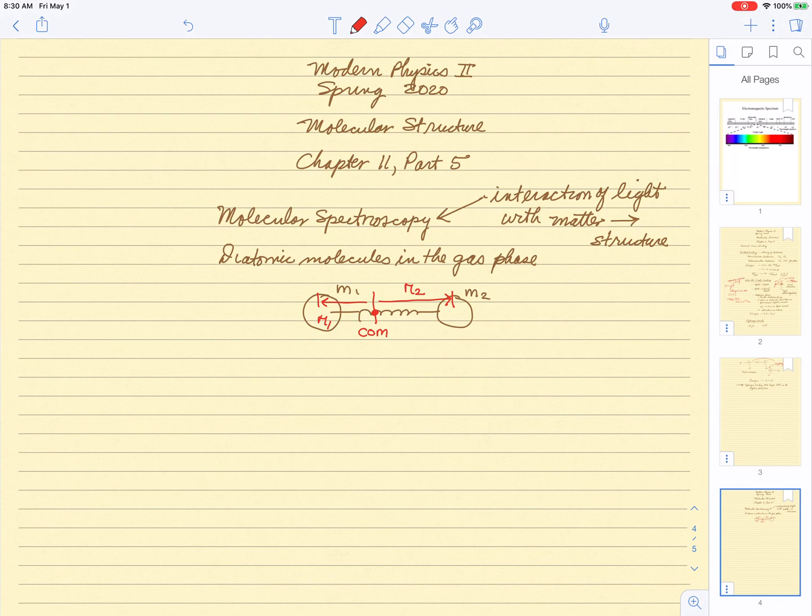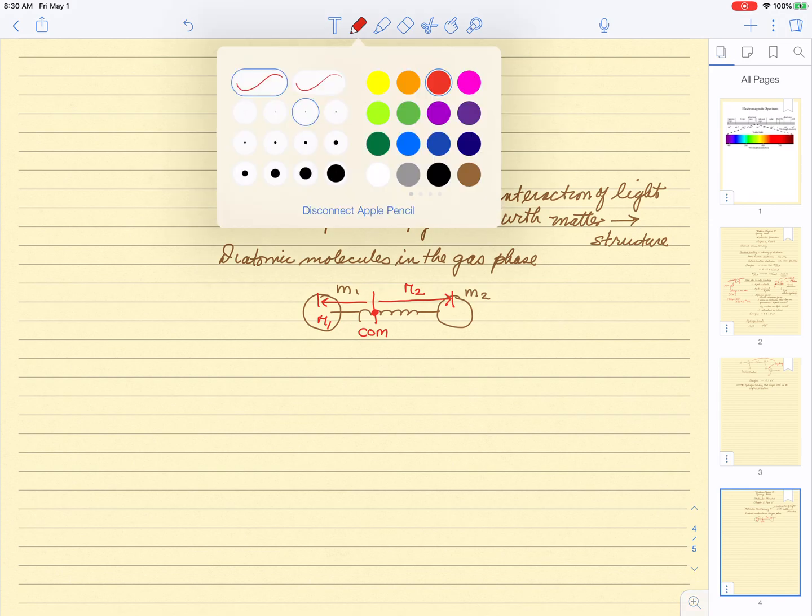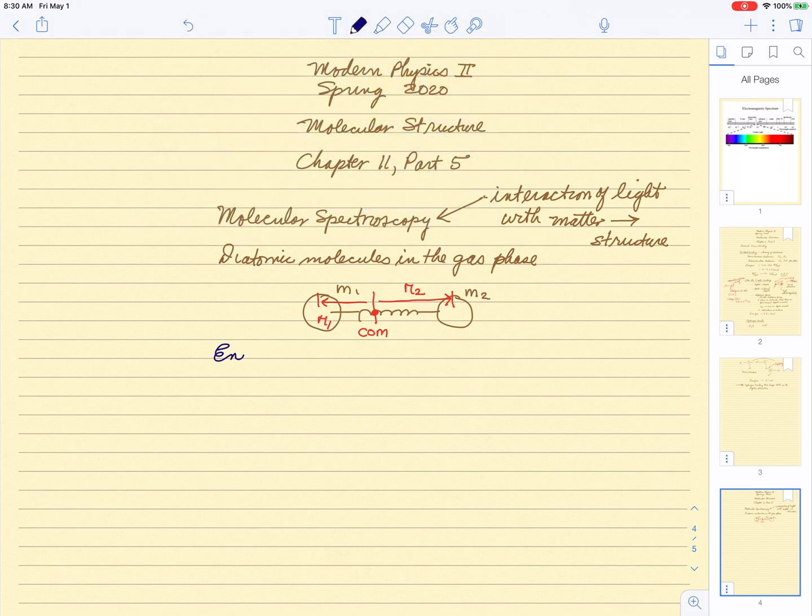And so the energy of this molecule can be parsed into 4 buckets, so to speak.